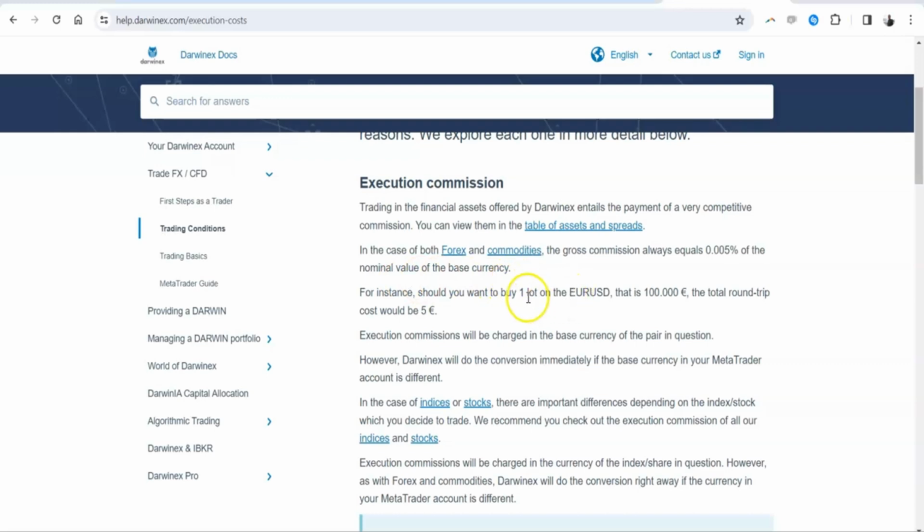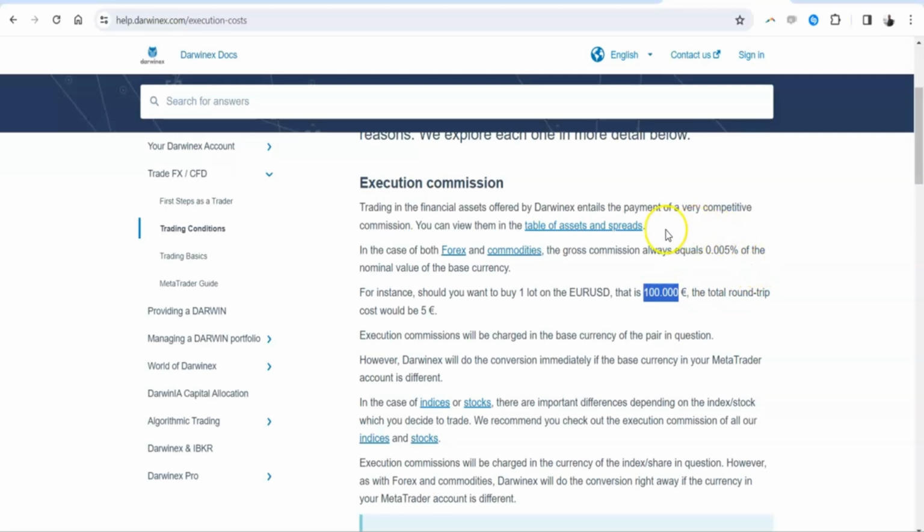So for example, if you're trading one lot of EUR/USD, that means Euro would become the base currency, meaning you would buy 100,000 euros. For the total round trip, that means the execution cost for both buying and closing out this position would be 5 euros. So in essence, this is equal to 0.5 pip. So if your strategy has a lot of trades, this execution cost can really add up.